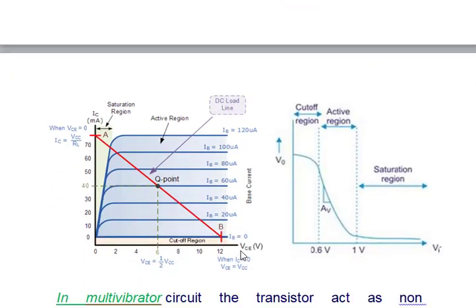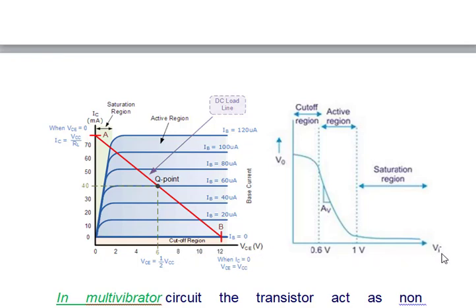Now, we can draw the graph between collector-emitter voltage and collector current for different constant base currents. So we get the graph like this. Here, this area is known as the saturation region. This area is known as the active region. This area is known as the cutoff region.